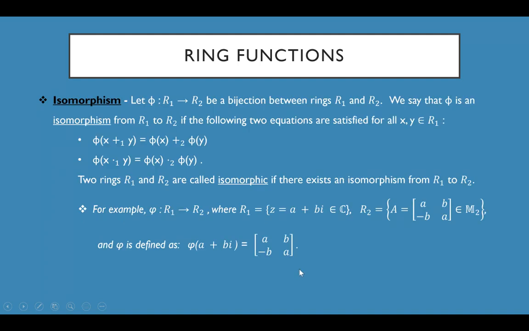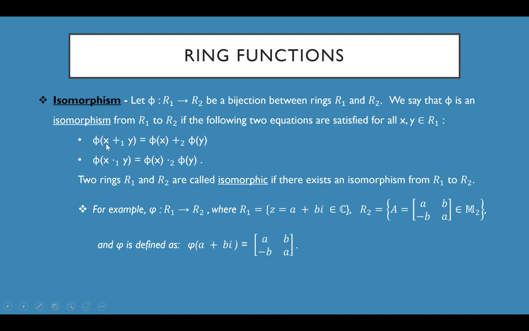Let's start with isomorphism. Here I have a function. All of these are functions from one ring to another ring. It's a bijection. So this means that we have the inverse property here. And it's an isomorphism if, first of all, it's a bijection and it satisfies these two equations.